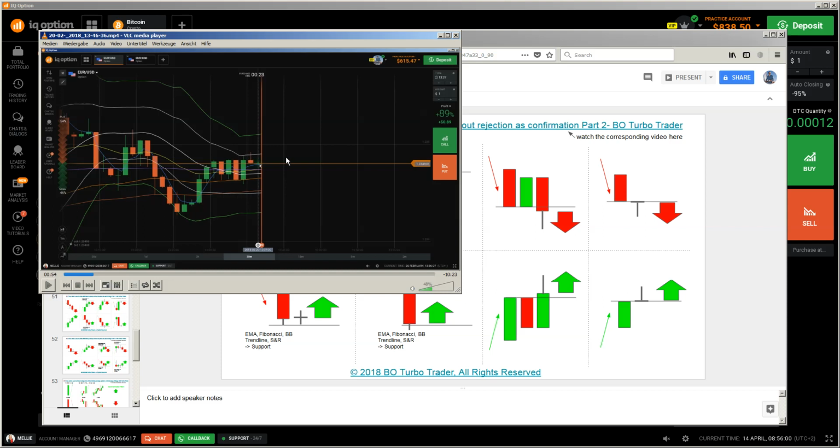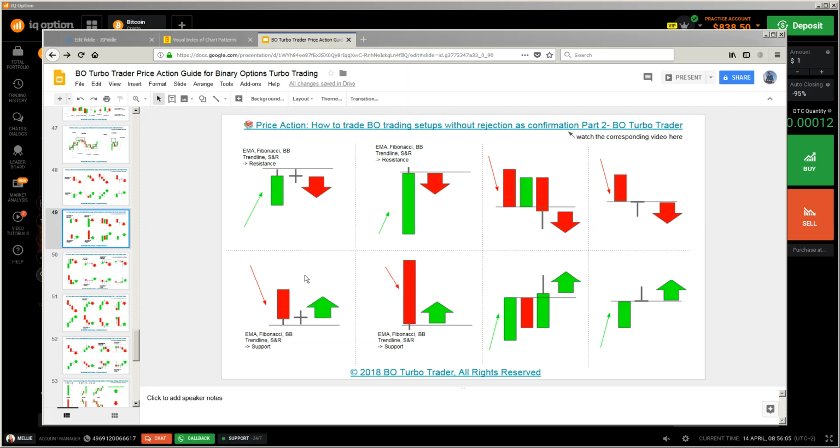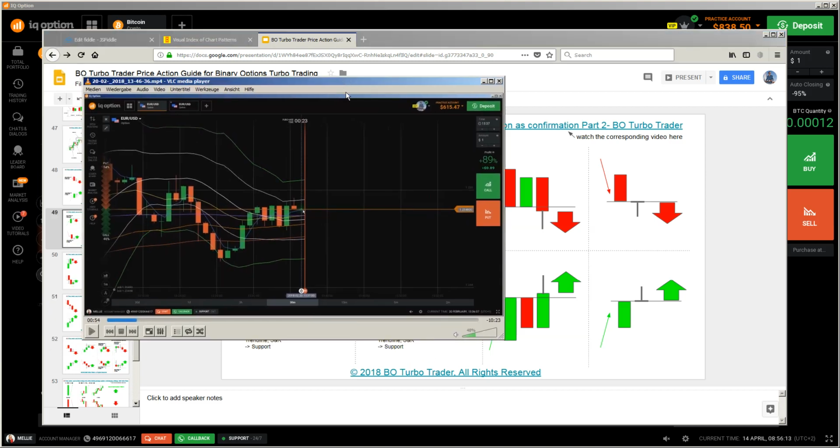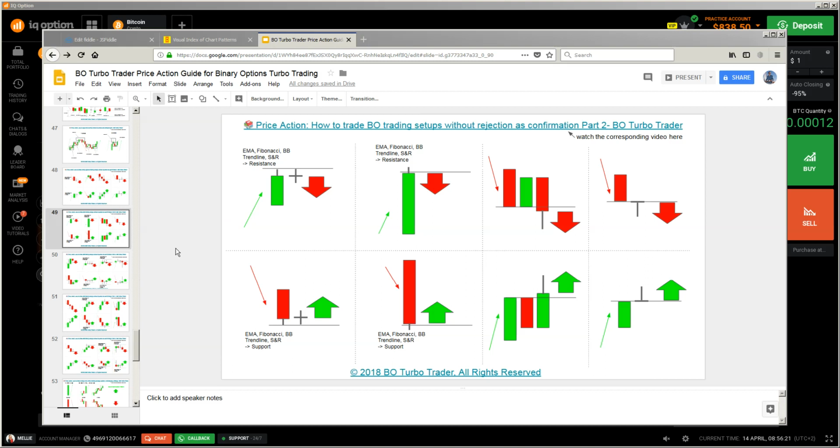And then we have here another scenario, which is, I could say, similar to this one here. You see we have a resistance area created by those two candlesticks, and you can combine this, which is the best of all, with something like this here.